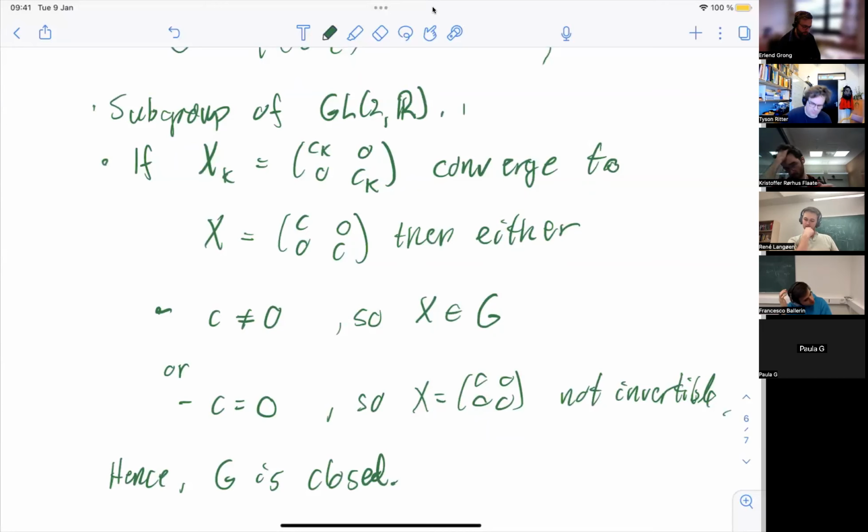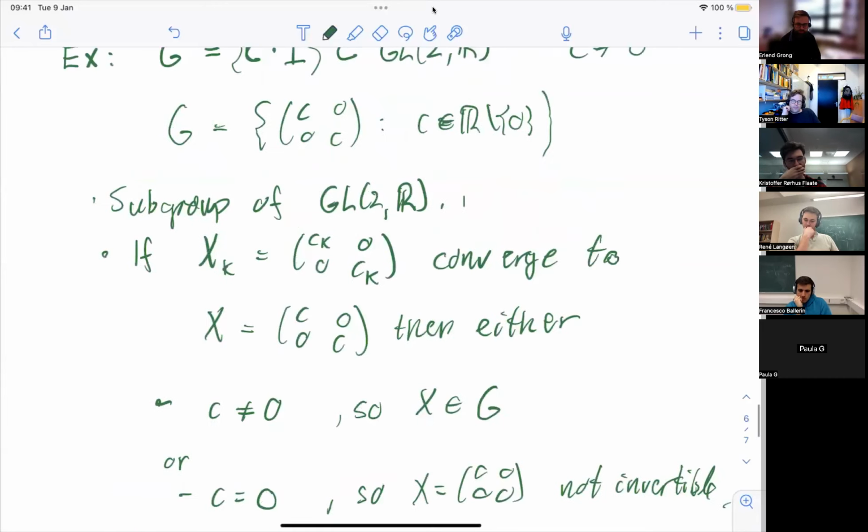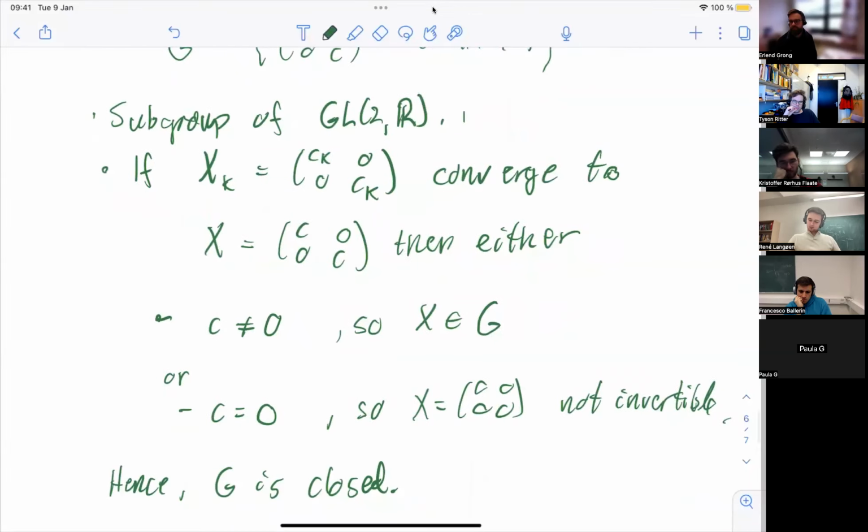Well, we need to check that it's actually a subgroup. So matrices like this, if I multiply multiples of the identity, it's still a multiple of the identity. And I need to check this idea of limits. However, it turns out that most things that we would consider reasonable subgroups are actually closed.